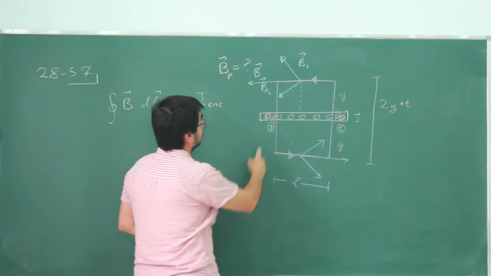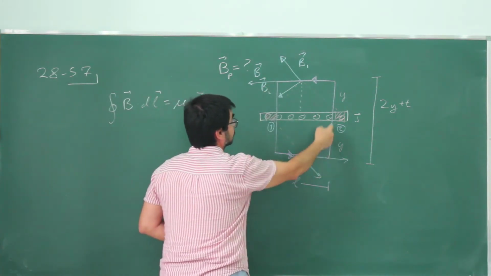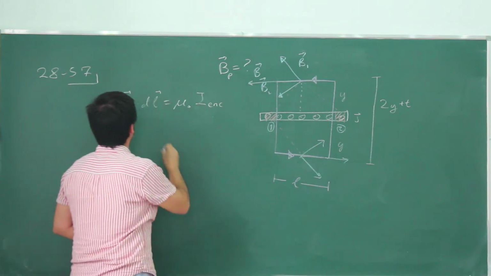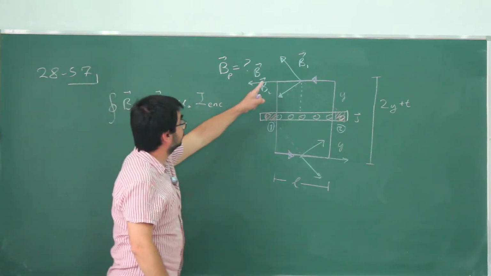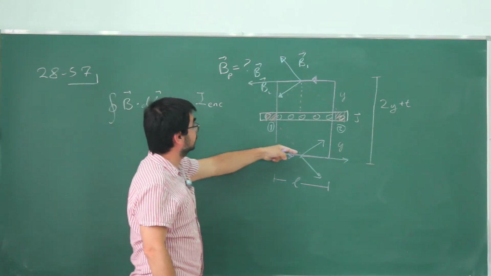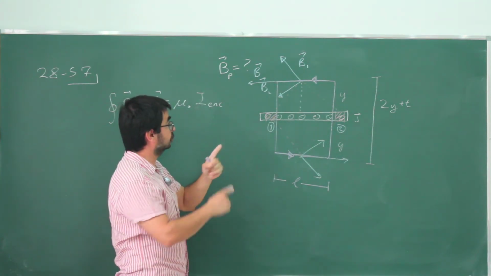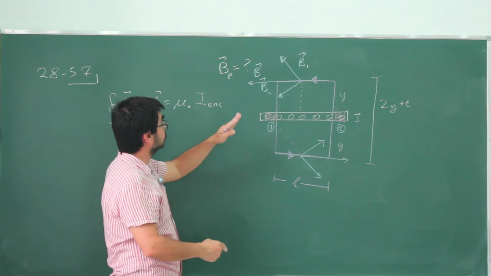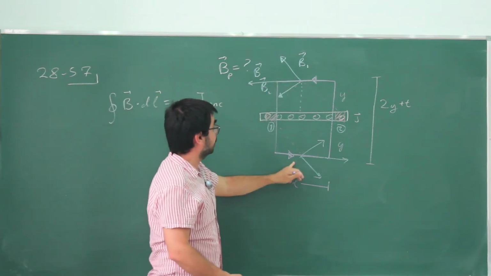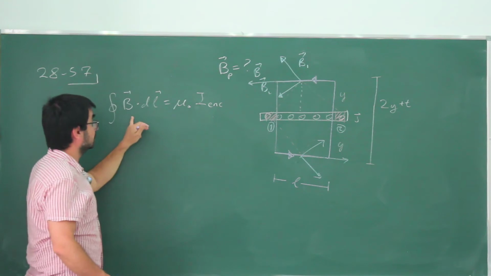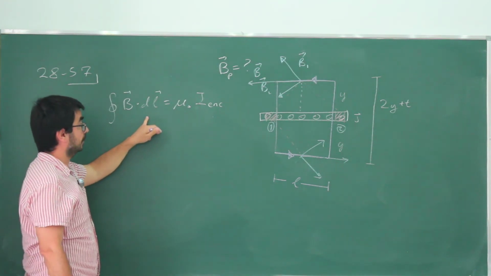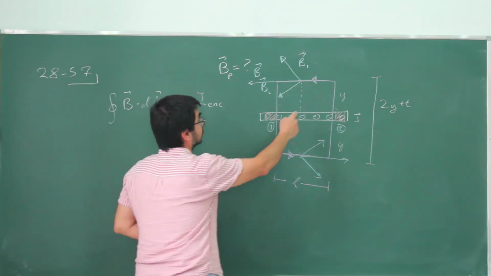Over the vertical parts of the loop, this dot product is going to vanish because the magnetic field is horizontal and the dl element on those parts is vertical. The dot product of two perpendicular vectors is just 0. So those parts vanish. For this part and that part, it becomes a simple product because they are in the same direction, and I can easily take the integral.